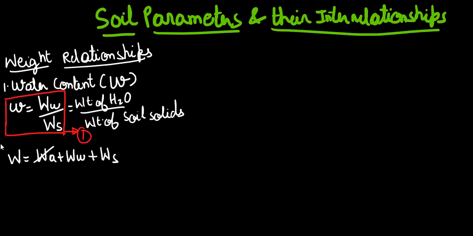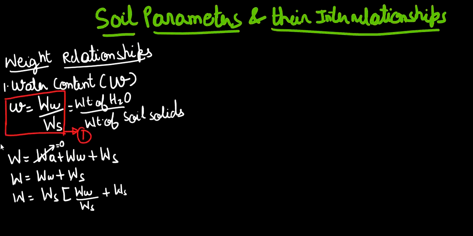We always consider weight of air as 0, so we are left with total weight of soil sample equal to weight of water plus weight of soil solids. Now if I take weight of soil solids common from the RHS, I will be left with weight of water upon weight of soil solids plus weight of soil solids upon weight of soil solids.